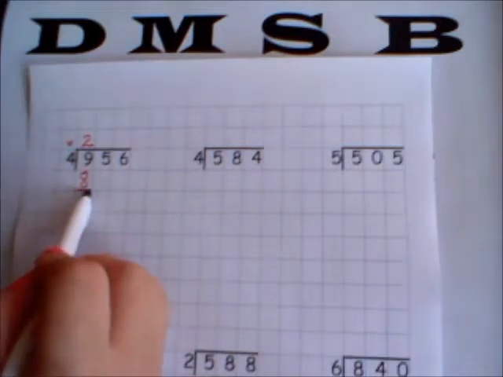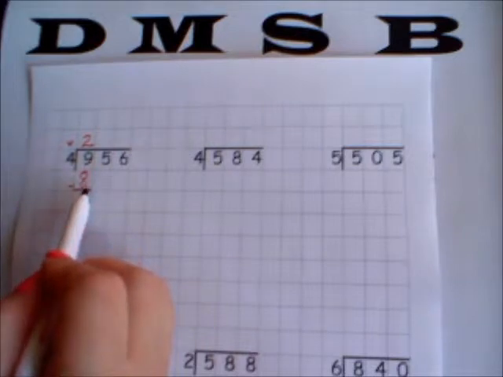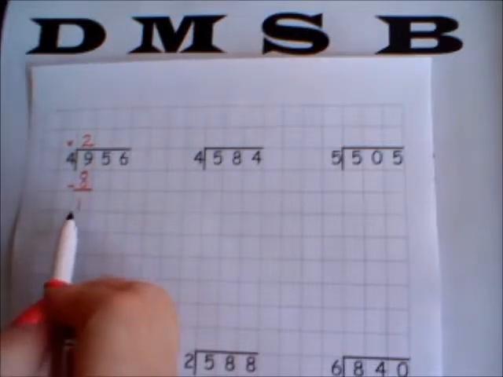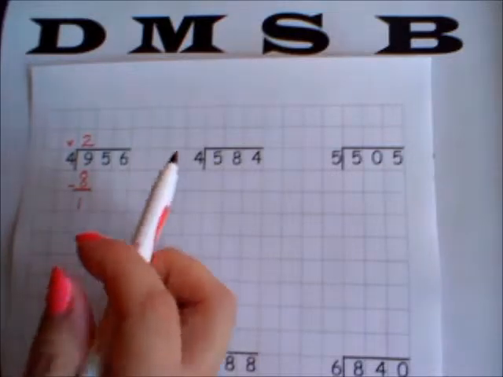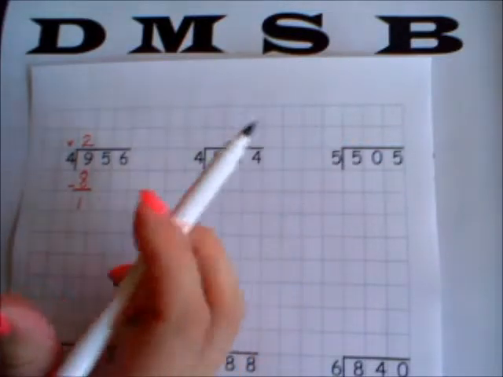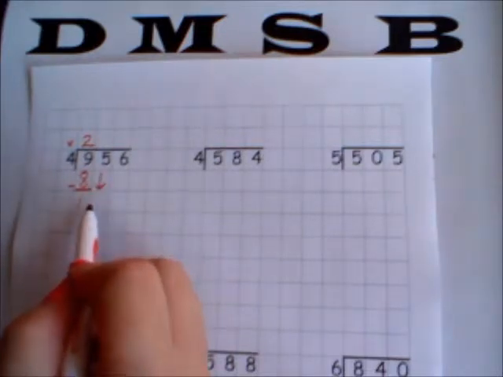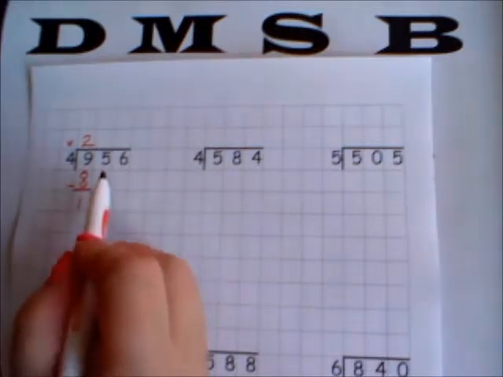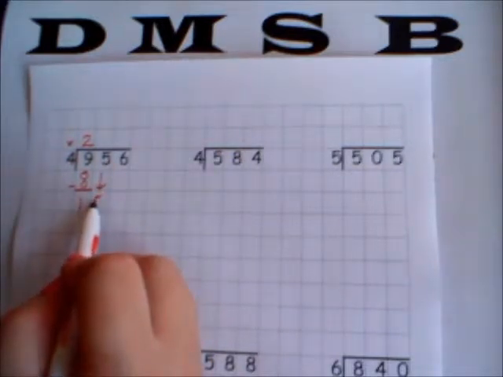So we are going to subtract the 8 from the 9. Okay? So 9 minus 8 is 1. Okay? And then our next step in our loop is to bring down. Okay? So we're going to bring down the next digit in our dividend, okay, which is a 5.